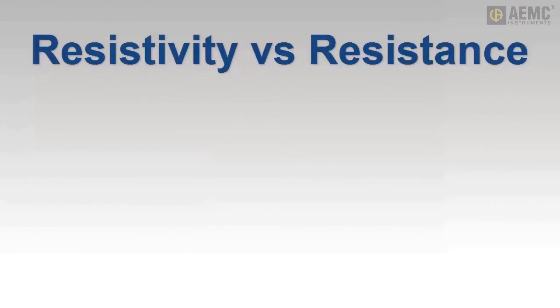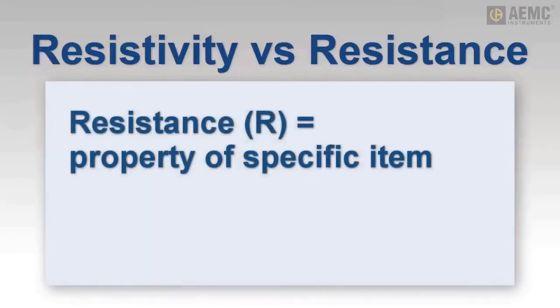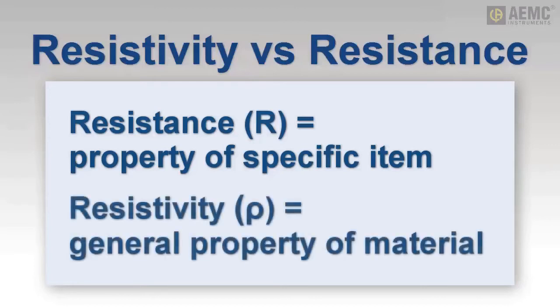To avoid possible confusion, it's important to have a basic understanding of what these terms mean and how they differ. Simply put, resistance, represented by the letter R, is a property of a specific physical item of definite size and shape, while resistivity, represented by the Greek letter rho, is a general property of a material irrespective of its shape and size.